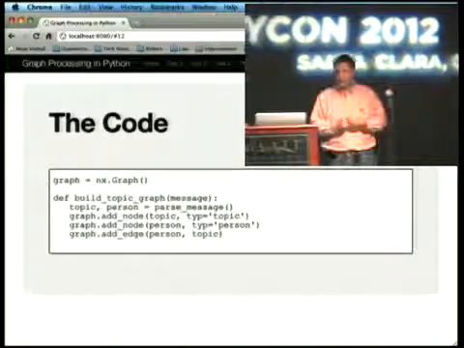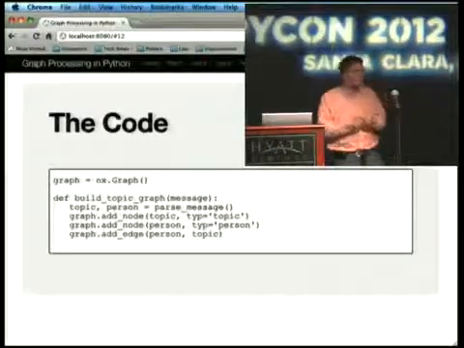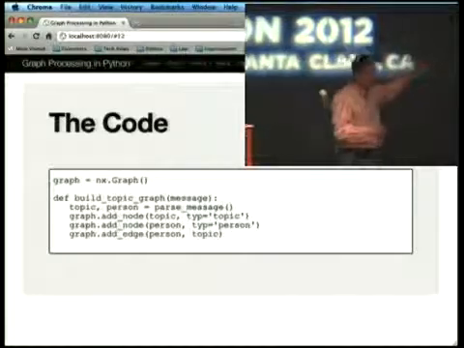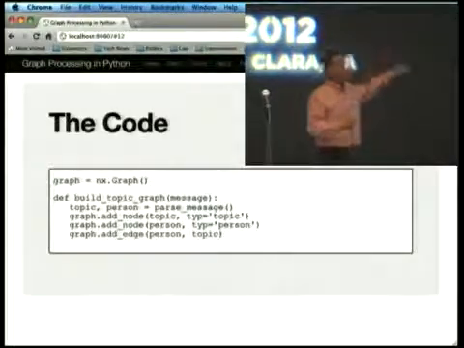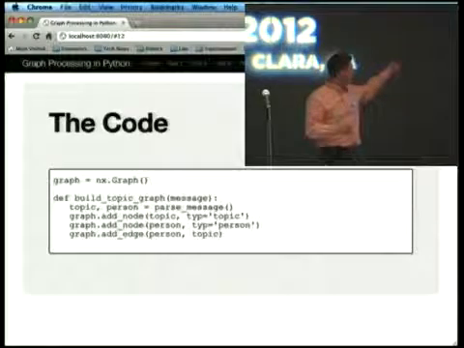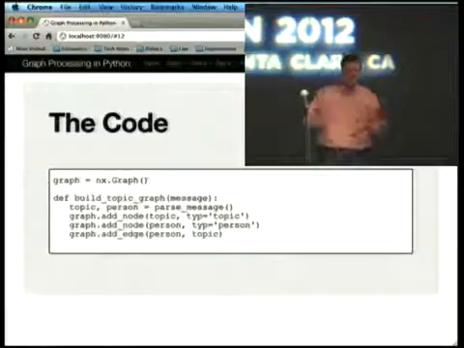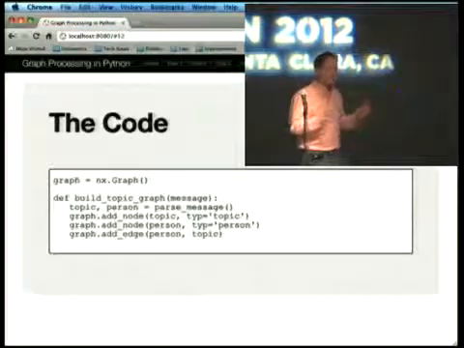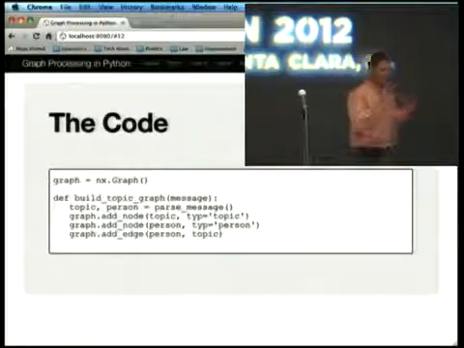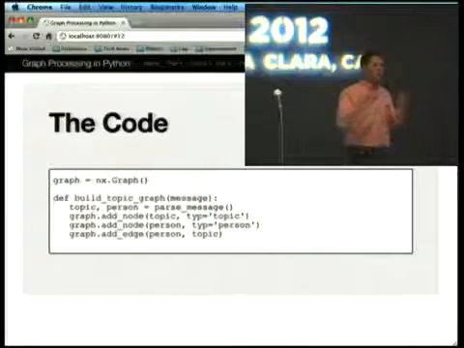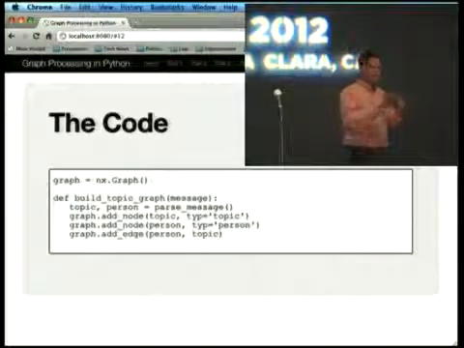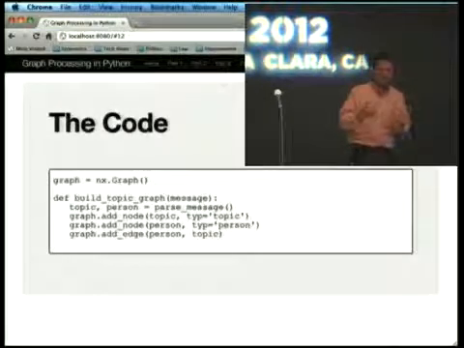The second thing is that we went through and we parsed all of the messages, and we said, okay, what's the person, what's the topic? Now, in doing this, I actually pulled out a little bit of natural language processing to pull out the most common words and bigrams and things like that.